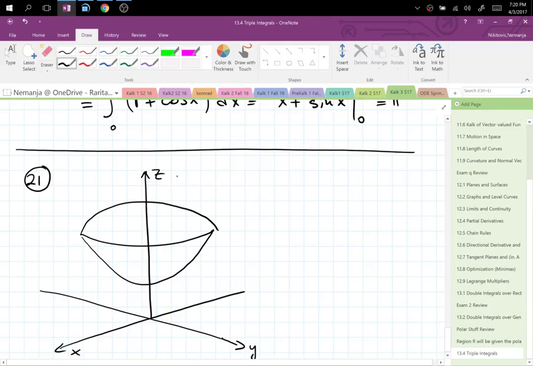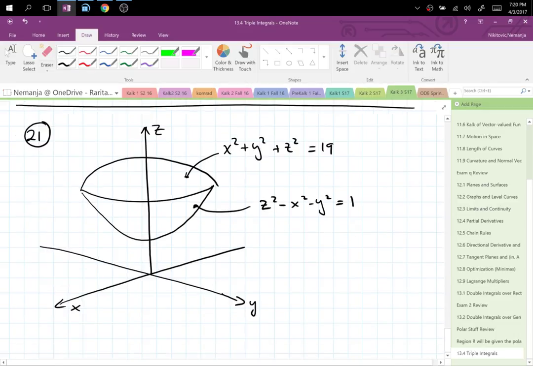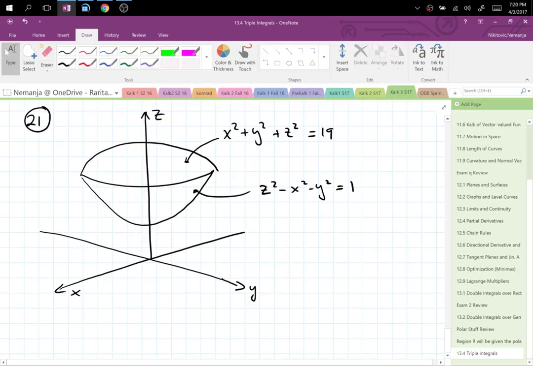The top piece is the sphere given by x squared plus y squared plus z squared equals 19, and the hyperboloid on the bottom is given by z squared minus x squared minus y squared equals 1.